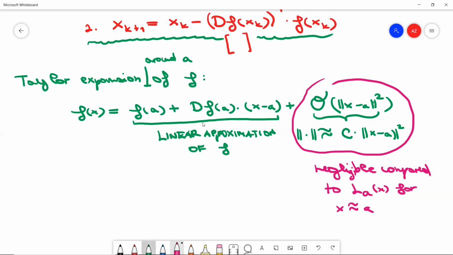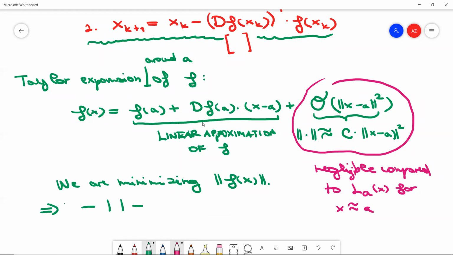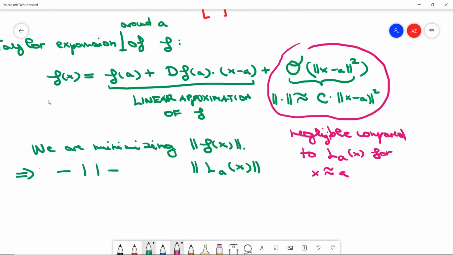So we are minimizing the norm of f of x. In other words, we are minimizing this linear approximation of f in the point a. And now you recall, what is this?